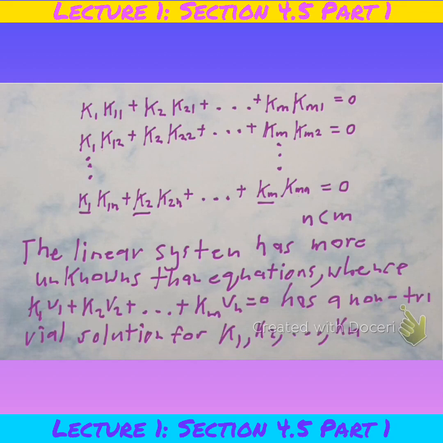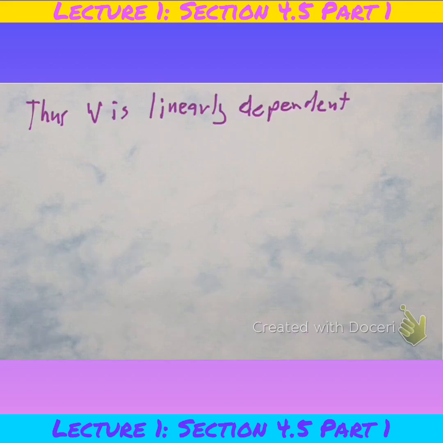The original linear independence equation has a non-trivial solution for K1 up until Km. So what's the conclusion? The set W cannot be linearly independent. So W is linearly dependent.